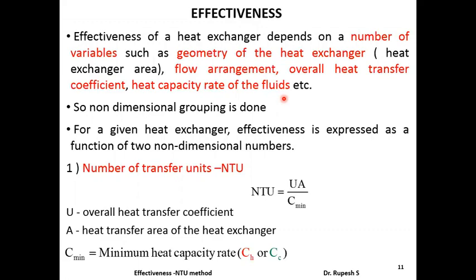NTU is given by UA by C minimum, where U is the overall heat transfer coefficient, A is the heat transfer area of the heat exchanger, and C minimum is the minimum heat capacity rate. NTU is proportional to the surface area of the heat exchanger. The larger the surface area, the larger the size of the heat exchanger. So NTU is a measure of the size of the heat exchanger. The higher the value of NTU, the larger the size of the heat exchanger.